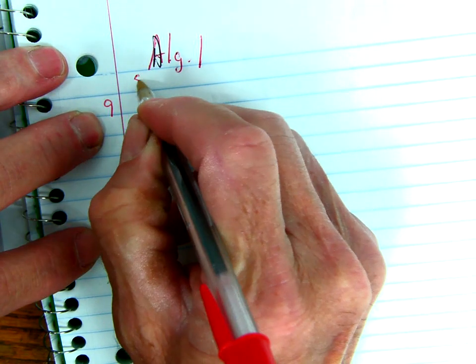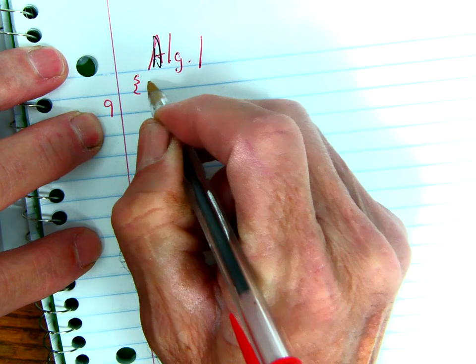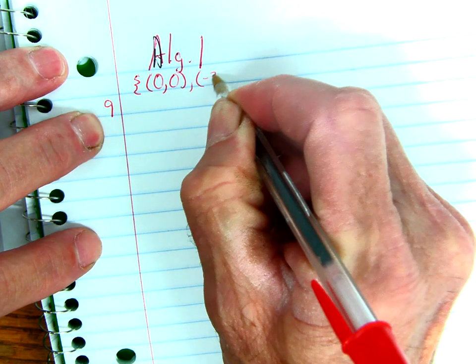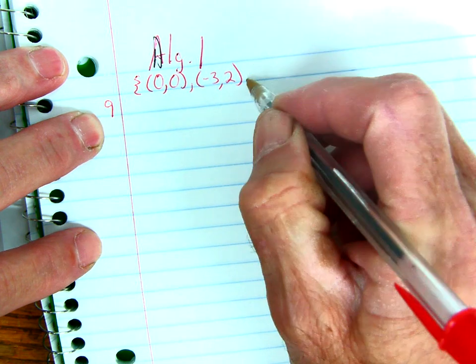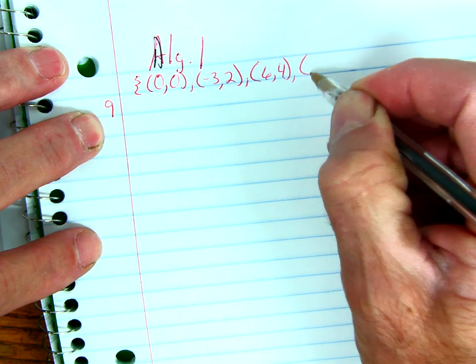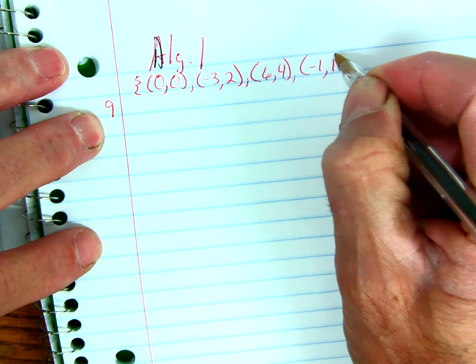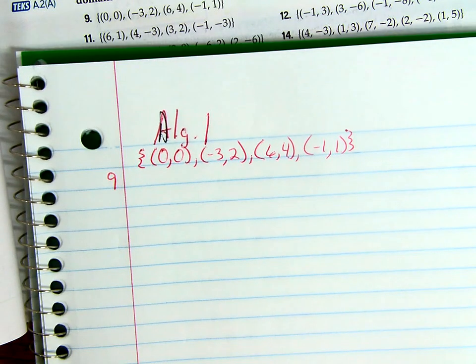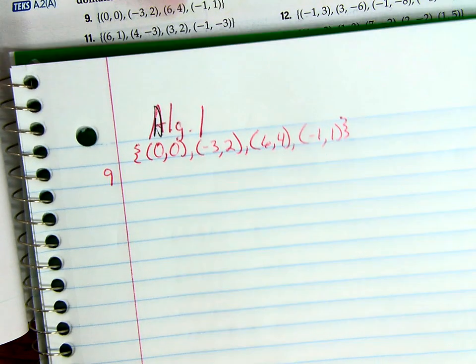So we have a set of points that I'm going to copy down here on my paper. 0, 0, negative 3, 2, 6, 4, negative 1, 1. First, I need to express this relation as a table.